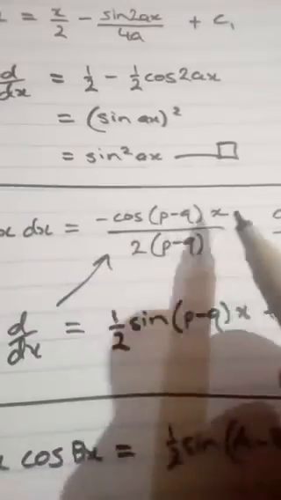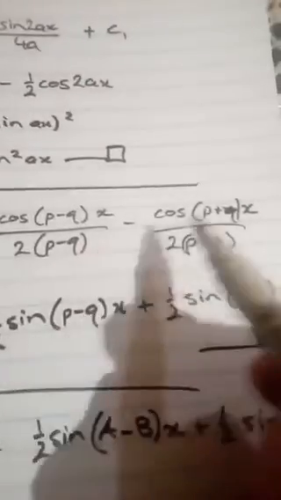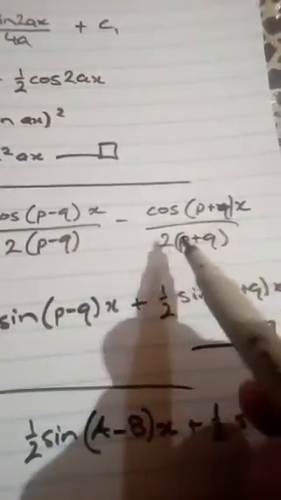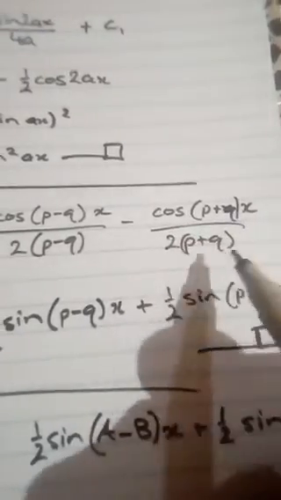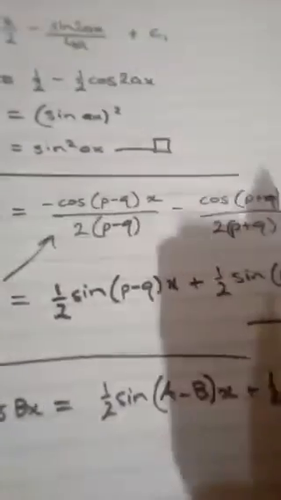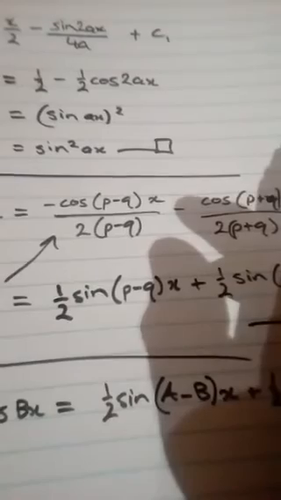That's the actual rule. And if you look at that and look at that, that looks exactly like that. So there you go, we've proved it. So now we know the integral of sine px cos qx dx equals minus cos (p minus q)x over 2(p minus q) minus cos (p plus q)x over 2(p plus q). There you go. Not too bad, huh? Not too shabby.